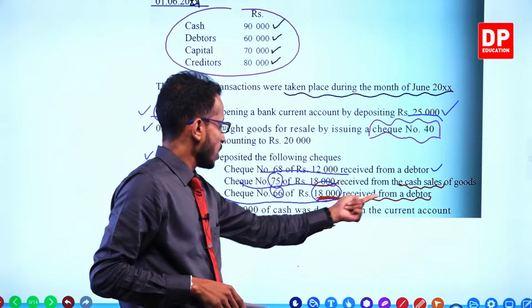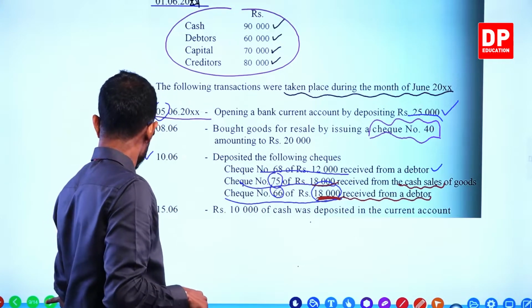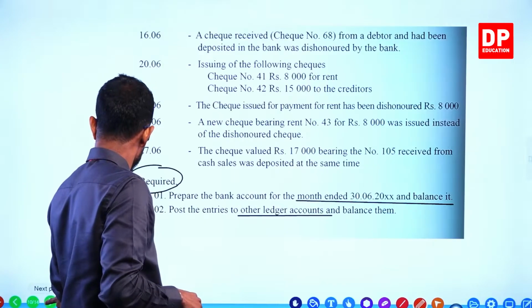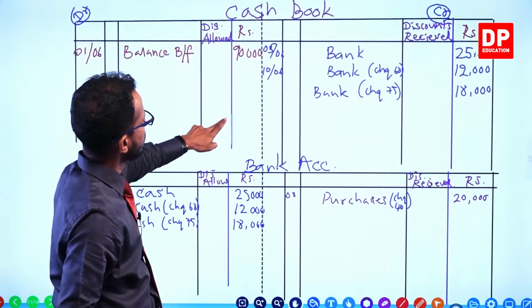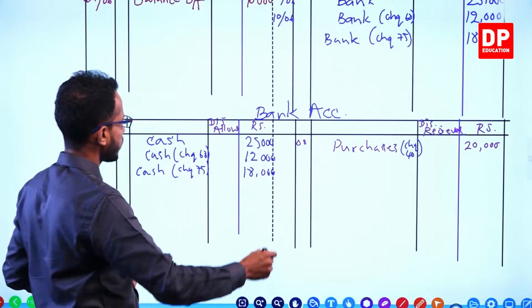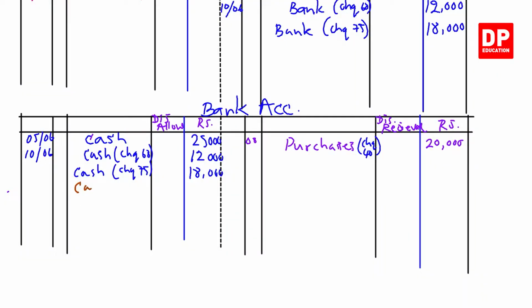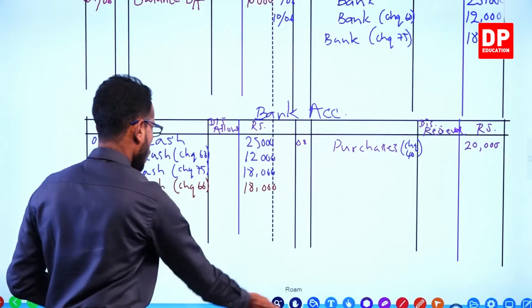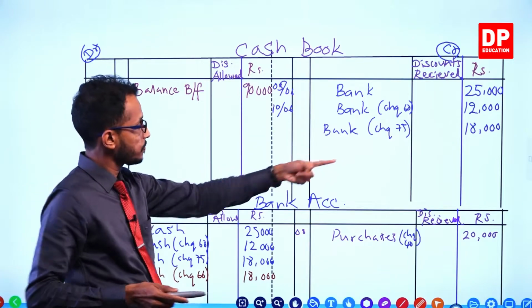Check number 66, 18,000 deposited in the bank. Same double entry. Bank debit, cash credit. Description cash. Check number 66. 18,000, same amount. Alright. Bank debit, cash credit.